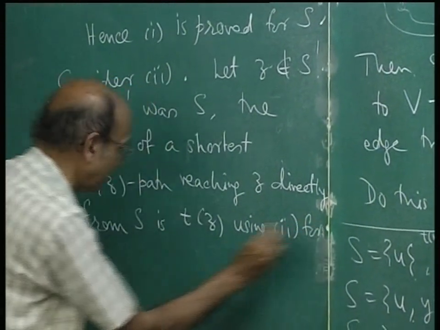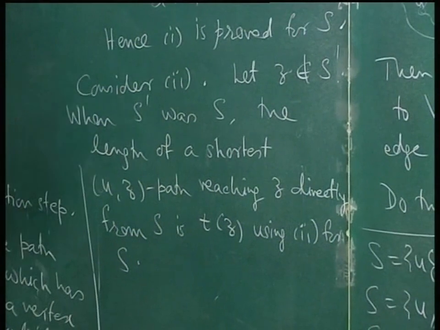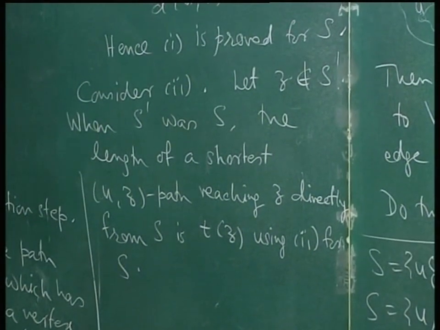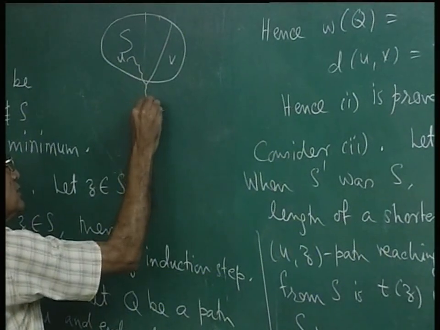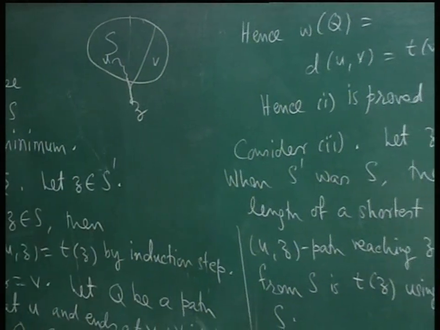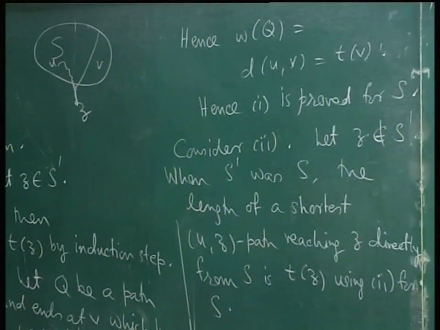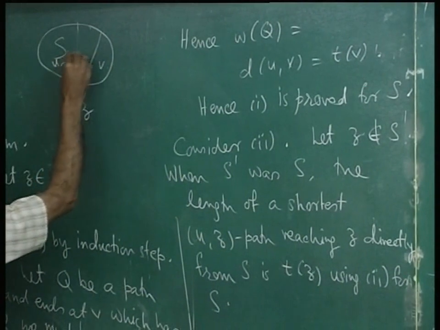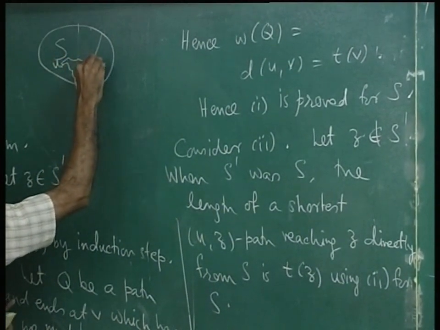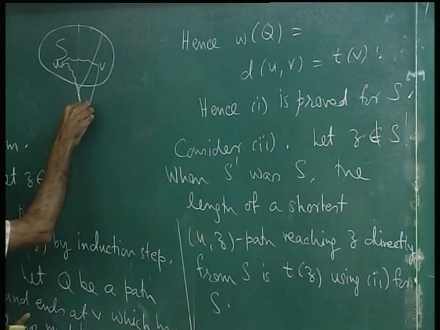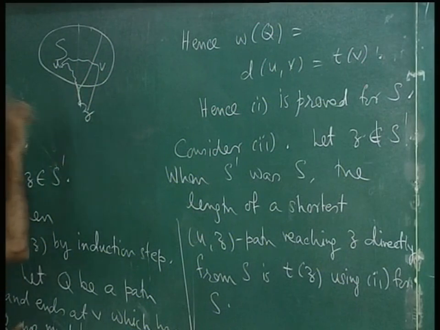Using 2 for S, the induction step, the modification that we need to make is there may be paths that go from U that way getting into V and then to Z. Okay? That is the only modification.